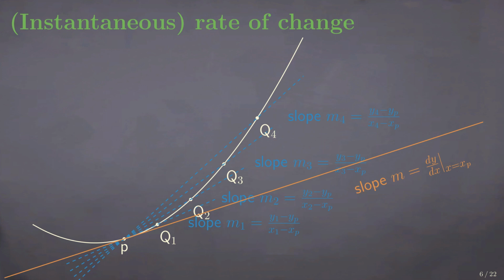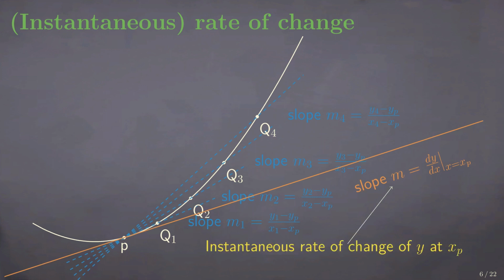This is the line that is tangent to the graph. For this reason, we call the derivative of y with respect to x evaluated at x equals xp the instantaneous rate of change of y at xp, or more simply, the rate of change of y at xp. Instantaneous rate of change, or rate of change, means the derivative of the function at a certain point.